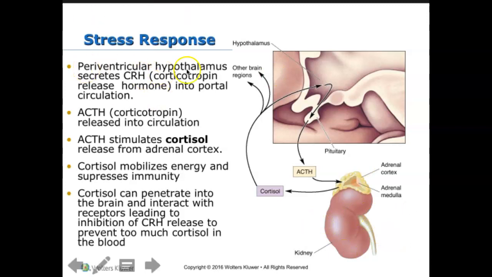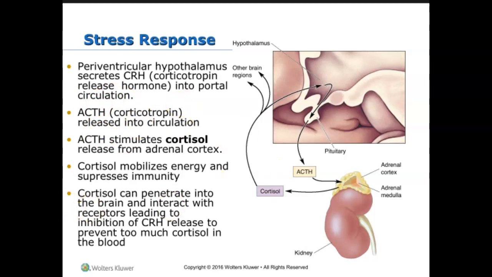So the hormone that causes the release of ACTH, which is also known as corticotropin. The ACTH, the full name is adrenocorticotropic hormone.